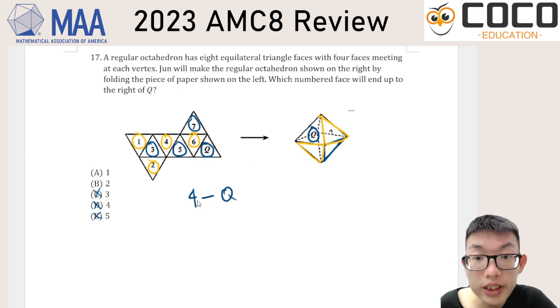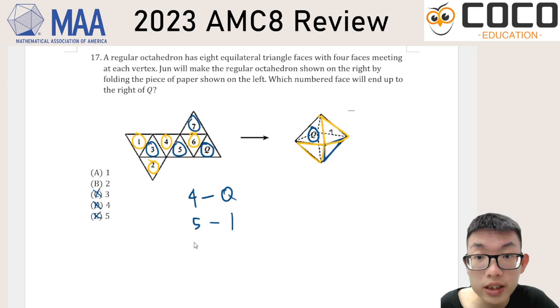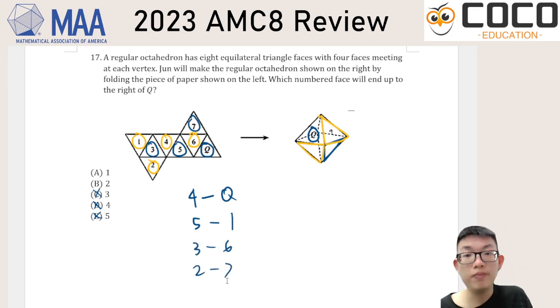Now, by symmetry, we can also say that 5 will be opposite to 1. And then your opposites will also be 3 and 6 and 2 and 7, because your opposites should have different colors.